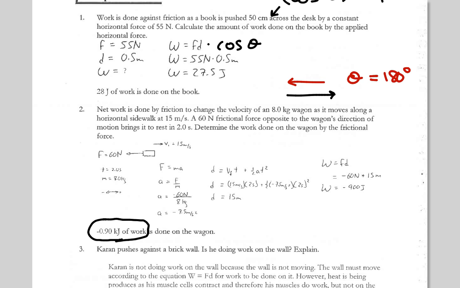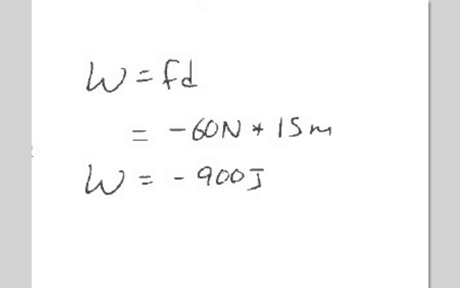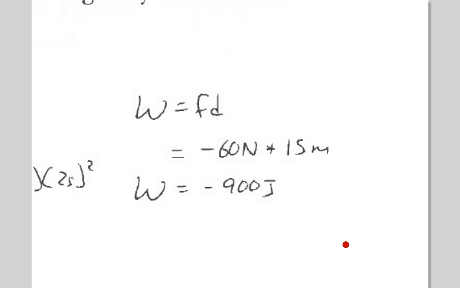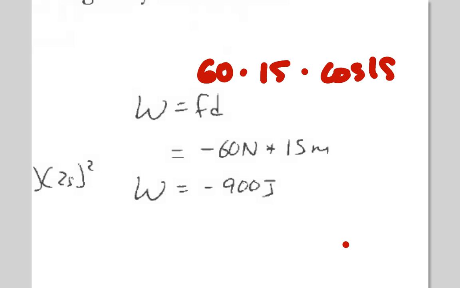What do you get? Cos 180 should be -1. So that's why they have in here this -60. Myself personally, I would have done 60 times the 15 times cos 180. That's what I would have done. Yeah, we'll give you the negative answer. Okay.